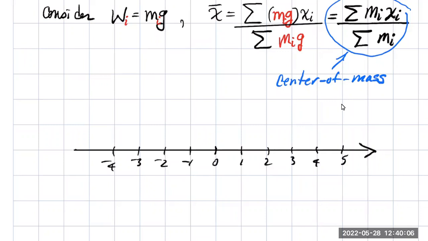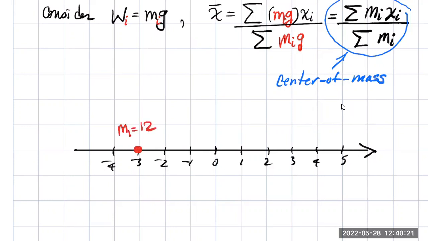Okay, and let's say that we have what physics and engineering refer to as point masses. So let's put one right over here at -3. And we'll call that m sub 1 is equal to 12.